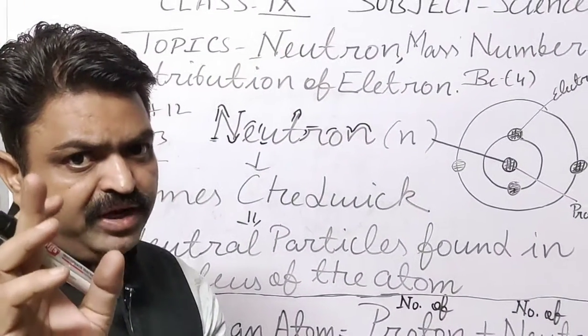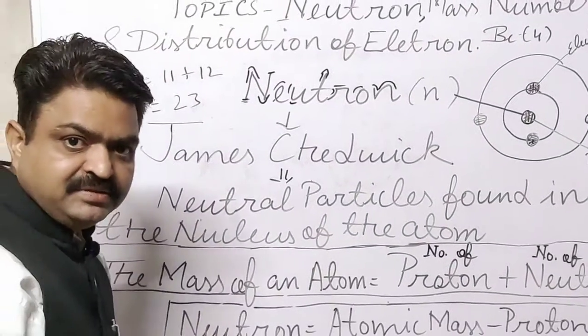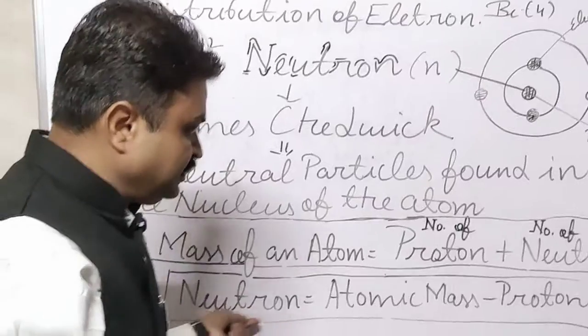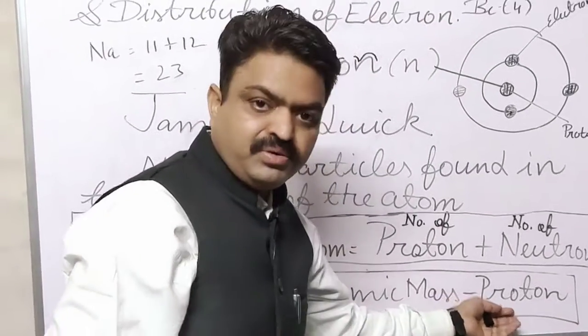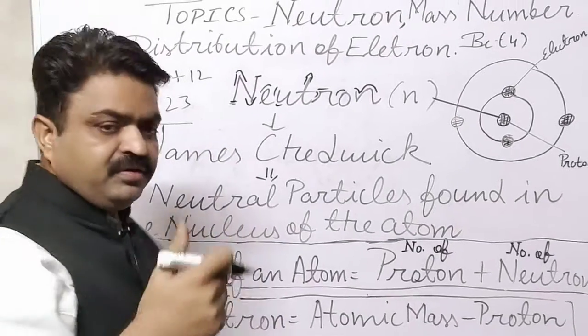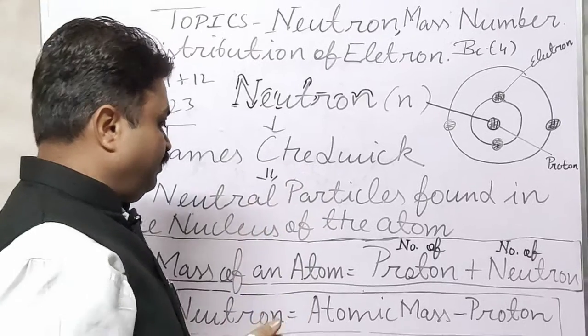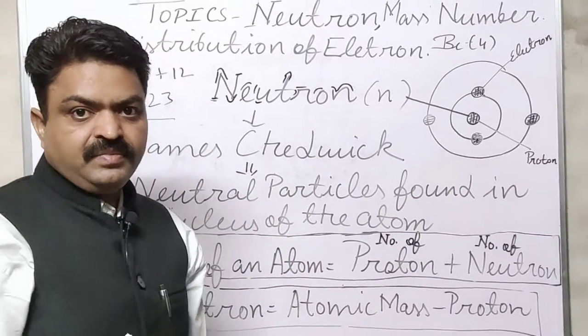And what is the formula of that, student? Neutron is equal to atomic mass subtracted by proton.